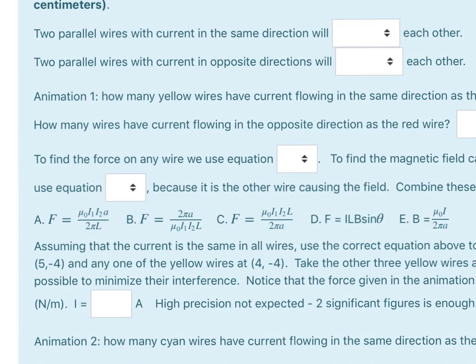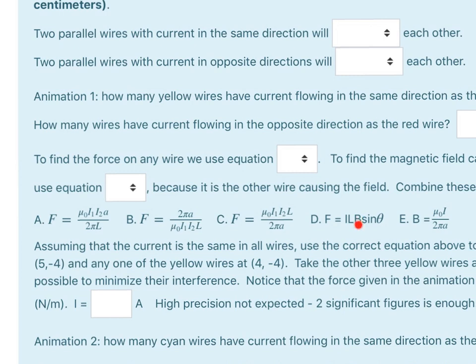Okay, in the lab question, you'll see 4 equations. And since we're dealing with the force on a wire, we want this equation. The force on the wire will be the current in the wire, the length of the wire, times the field times the sine of the angle between them.